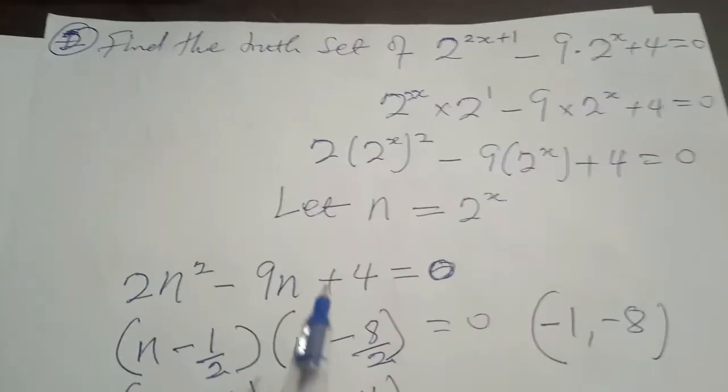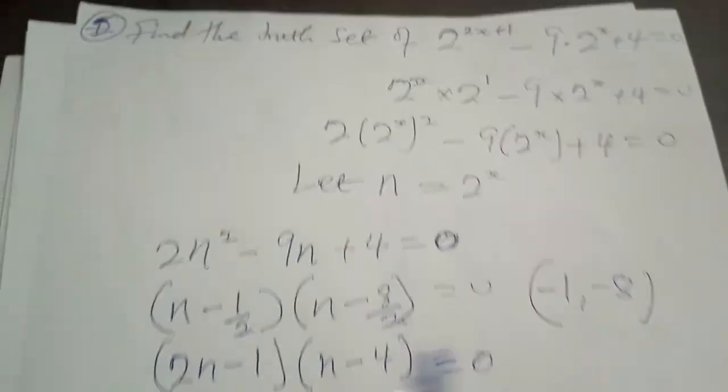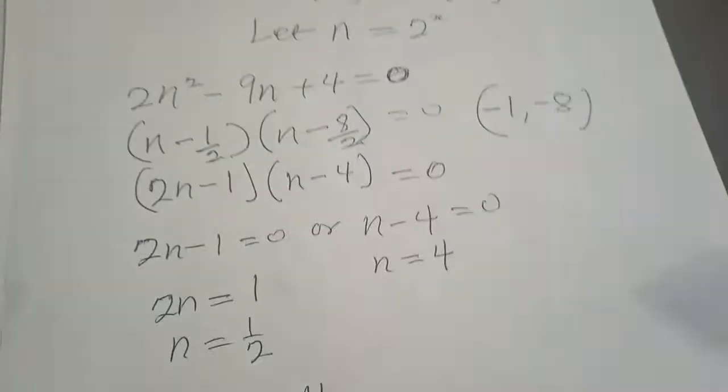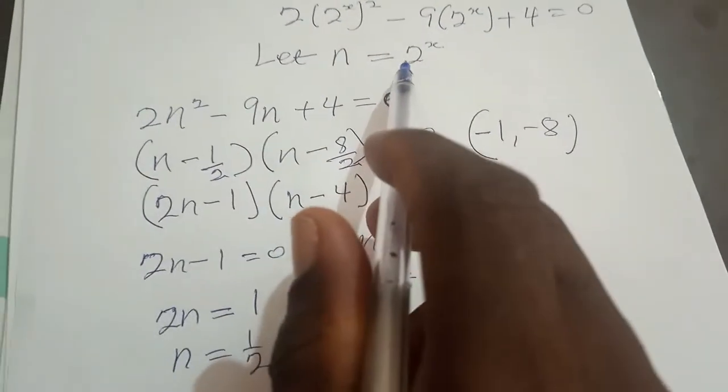But don't forget, the main question is requiring us to find the value of x and not the value of n. And we brought the n ourselves, so we have to bring back our 2^x so that we can find our x.